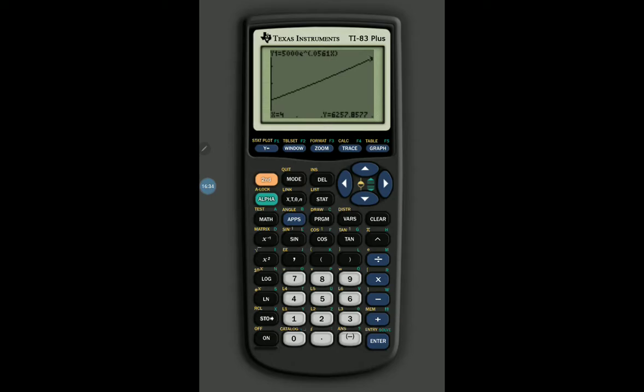Look how much interest we earned. We started at 5,000, and 4 years later we're at $6,257.86. So we have earned quite a bit of interest here. If we subtract those two numbers, 6257.86 minus 5,000, we've earned over $1,200 in interest.